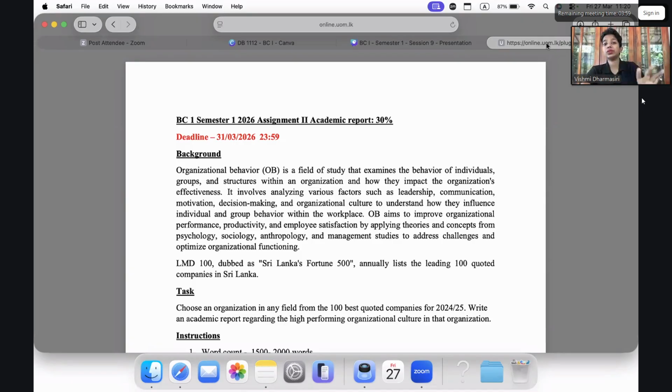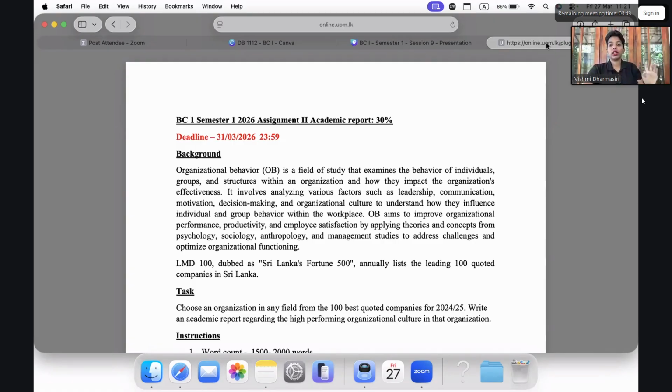You don't have to bring these theories and concepts into your assignment, because that would be a deeper dive, heavier subject matter you can't discuss in a single report.